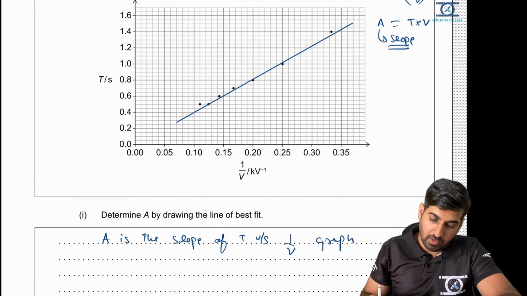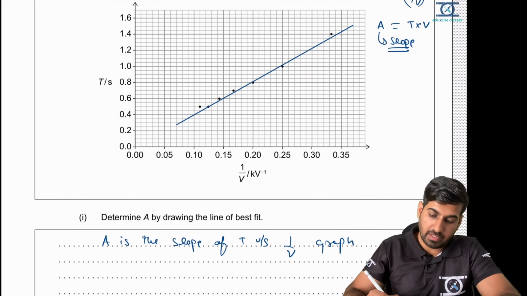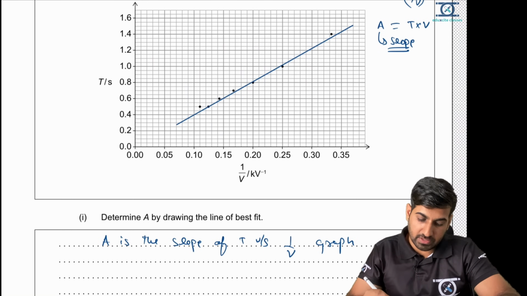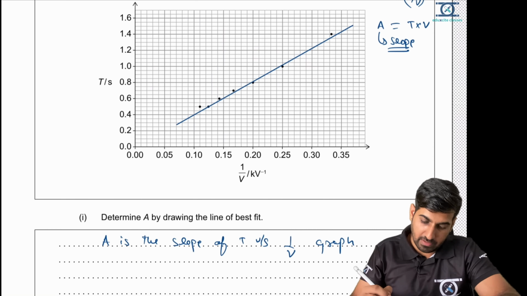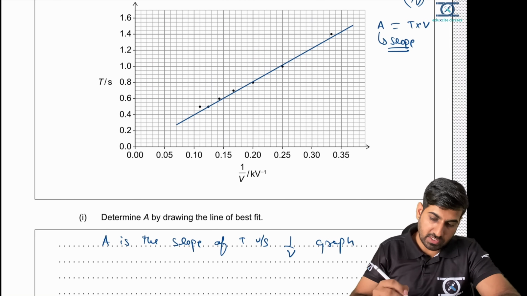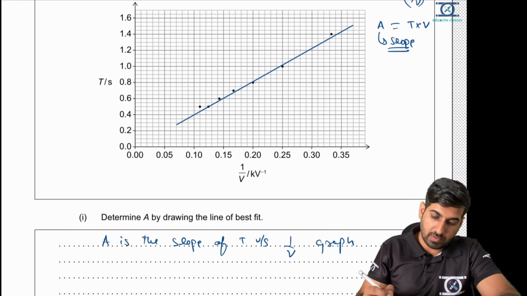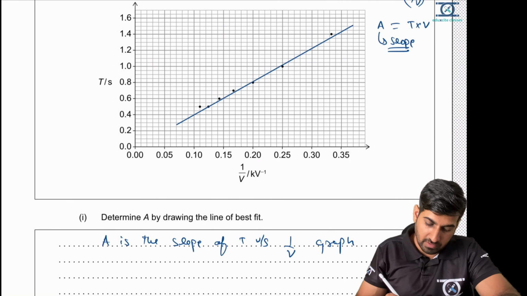I hope everybody knows how to find the gradient. Take any two arbitrary points, x1, x2, y1, y2. For simplicity, I can mark 2 points which cover at least 50% or 70% of the graph.